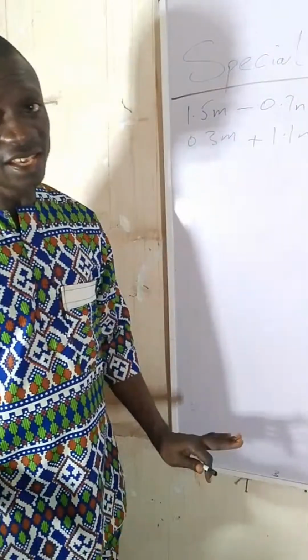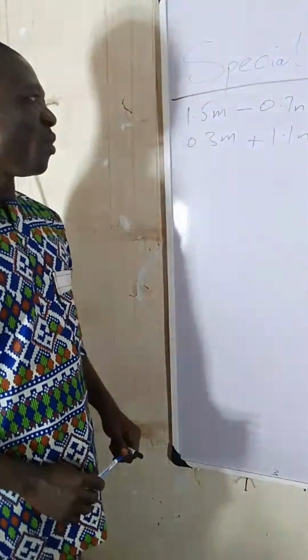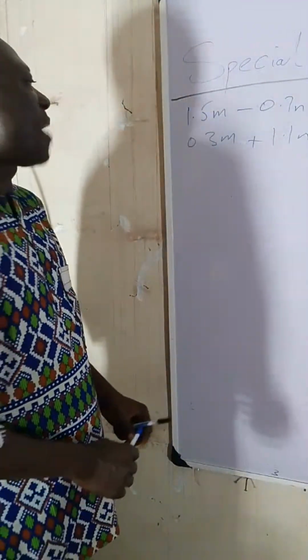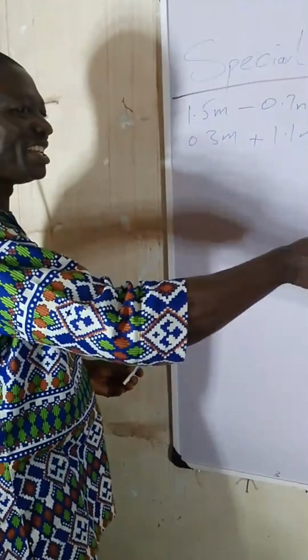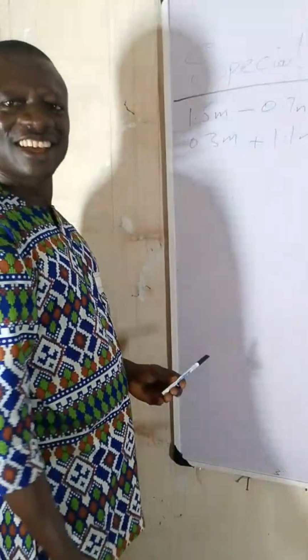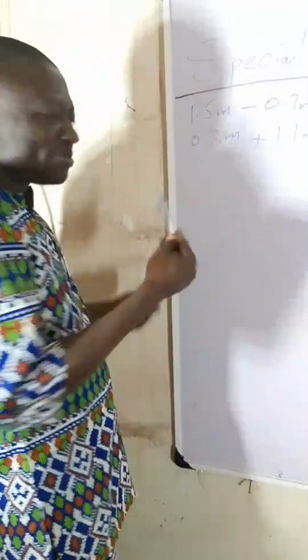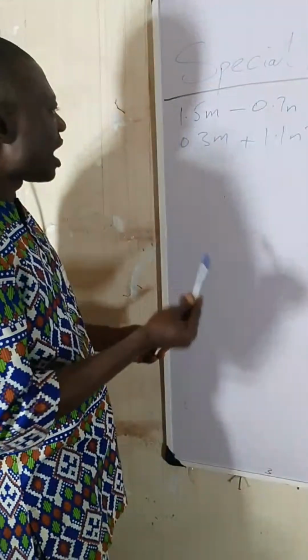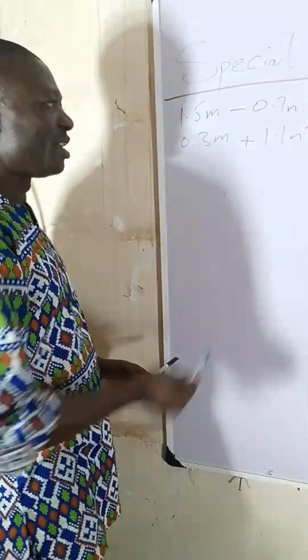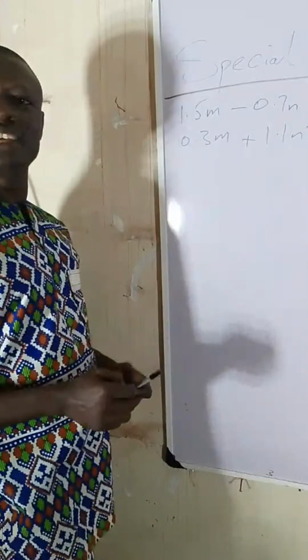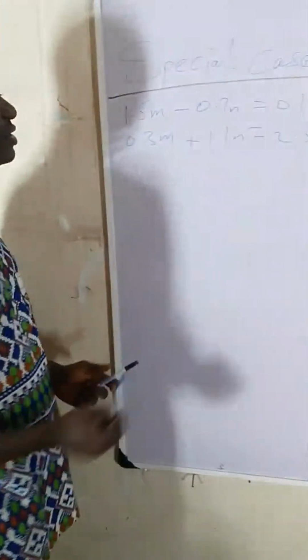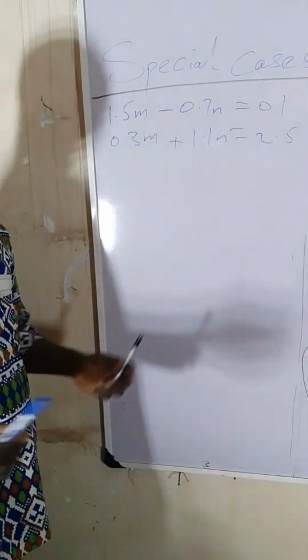So that is the key to it. And so we also know that multiplication by powers of 10 moves the decimal point to the right. And so if the multiplication of this decimal number by powers of 10 moves the decimal point to the right, why not change this 1.5 to 15? Change 0.7 to 7. So that's what we're going to follow now.